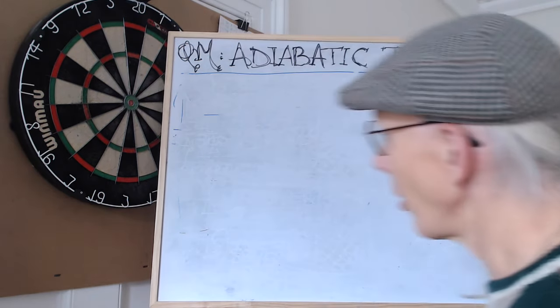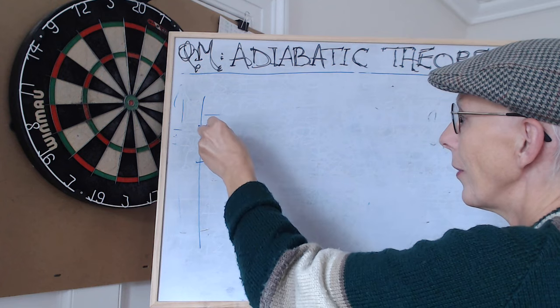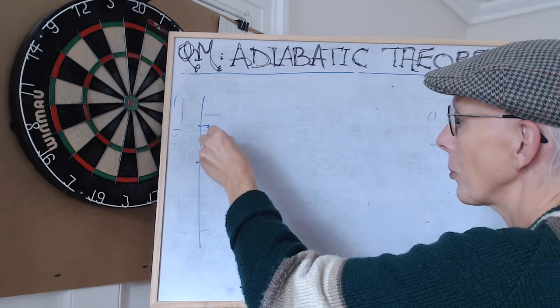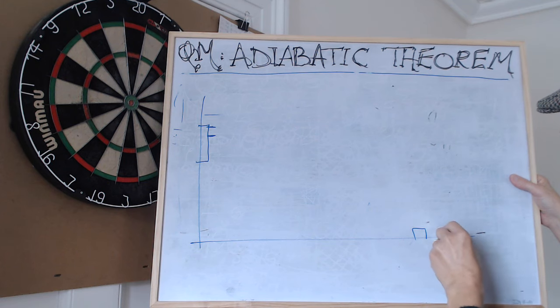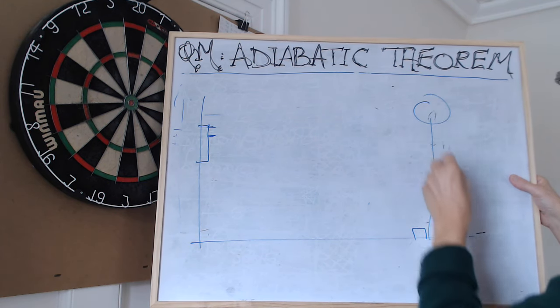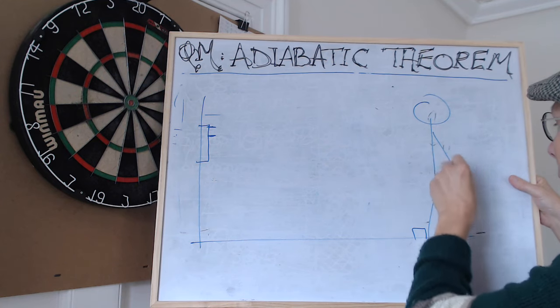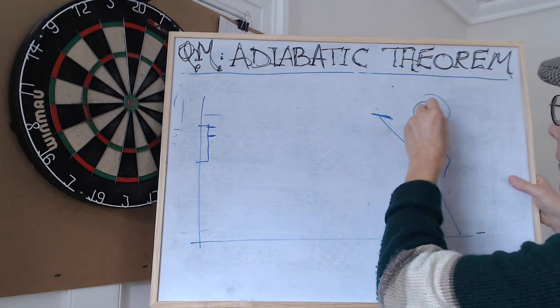Very quick sketch of a dart player. So there's the board, there's tops, and there's treble 20. There's the oche. Here's our dart player, using quite an upright stance, by the way, throwing their dart.